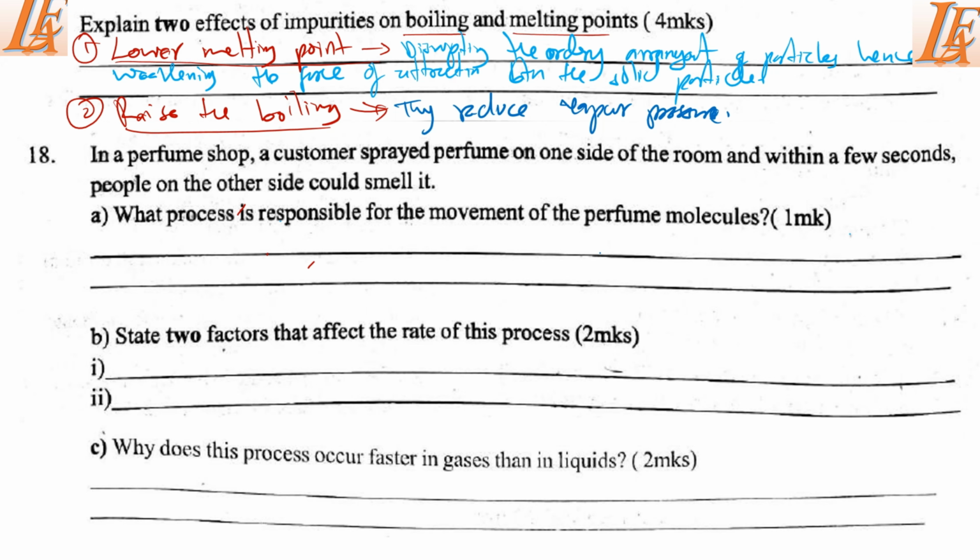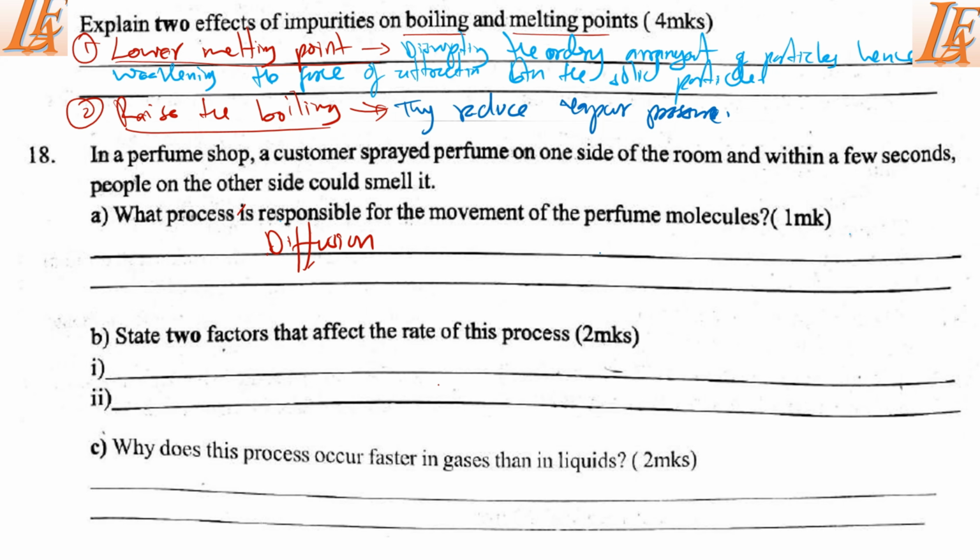Where the person sprayed the perfume, the particles are highly concentrated, and where the people were, it was lowly concentrated. So if they smelled it after some time, the particles moved from high concentration to low concentration, and that process we call diffusion. It's diffusion which facilitates the movement of particles from where the perfume was sprayed to where the people were.